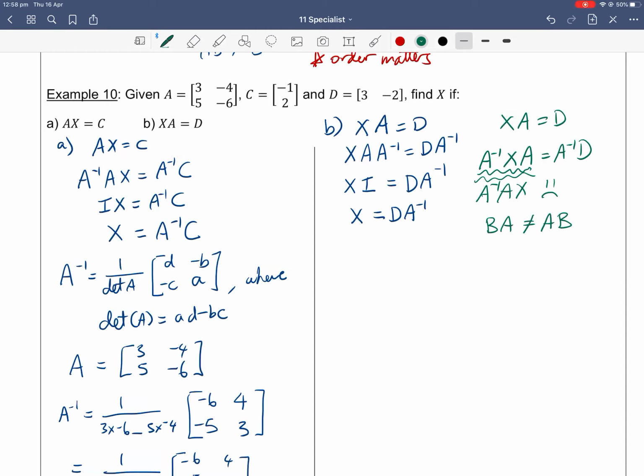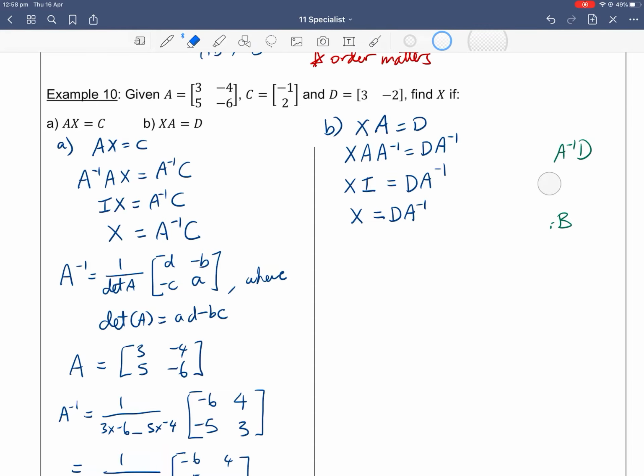Because B times A is not the same as A times B. So the order of multiplying matrices is very, very important. You just can't randomly swap the matrix multiplying around whenever you feel like it. So this is why if your A is on the right hand side, you multiply both sides by A inverse from the right hand side, versus if your A is on the left of X, then you multiply A inverse from the left of both sides of the equation.